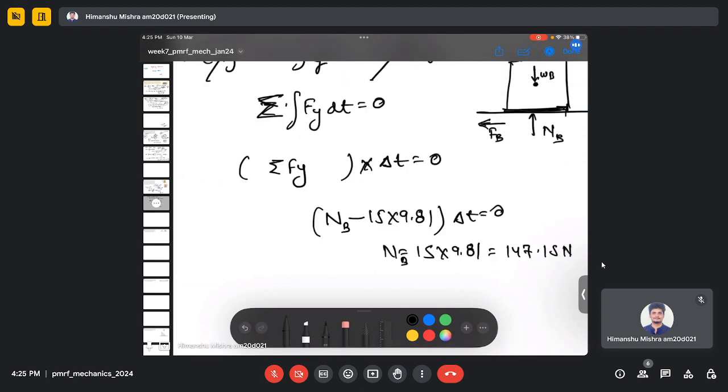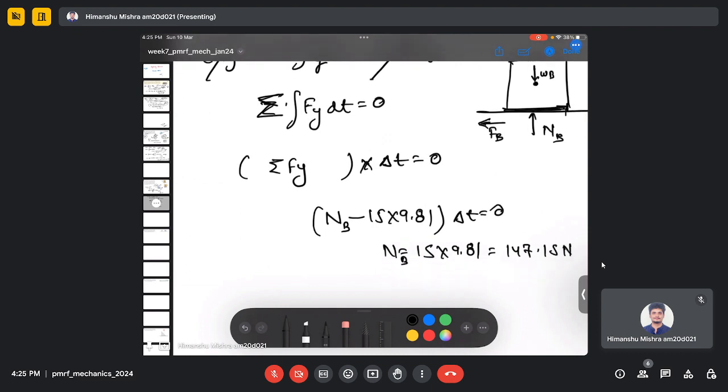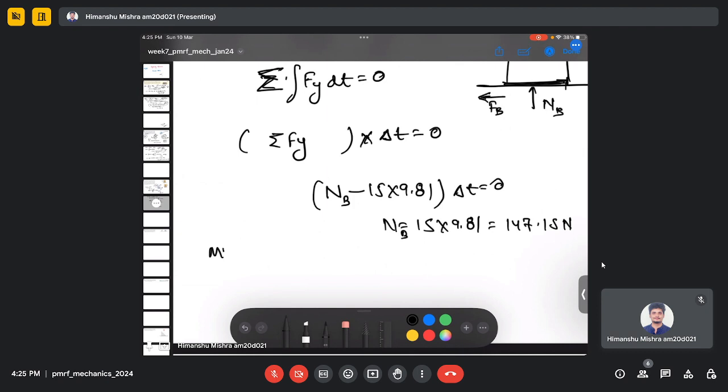So if I apply the impulse momentum equation in the x direction, here my final velocity is 0 and my initial velocity is 8 meter per second, because the block is moving from 8 meter per second to 0. It is coming to rest and we need to find the time for that.